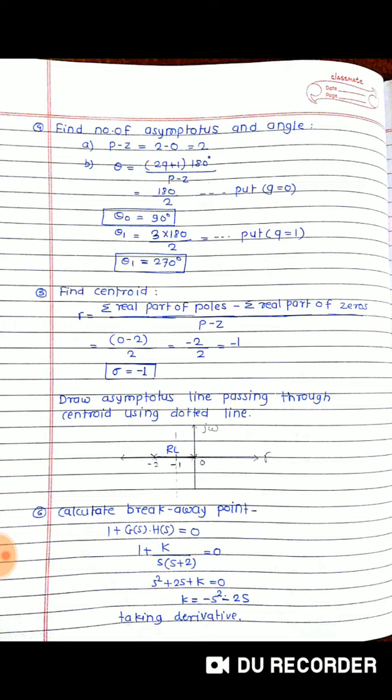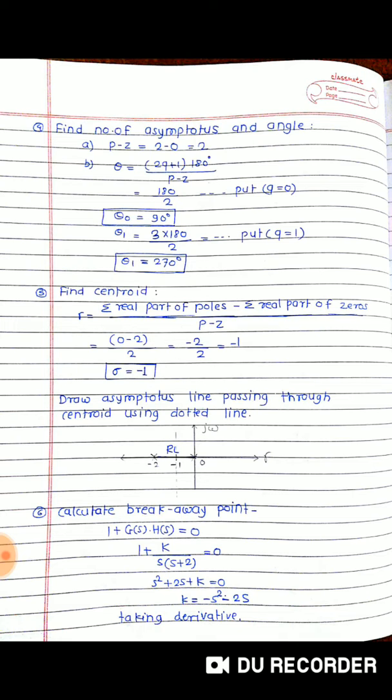Here zeros are not present, so we'll consider only summation of real part of poles. And the real parts of poles are, one pole is at 0 and another pole is at minus 2. Therefore 0 minus 2 divided by 2, therefore minus 2 divided by 2 is equal to minus 1. Therefore centroid is at minus 1.